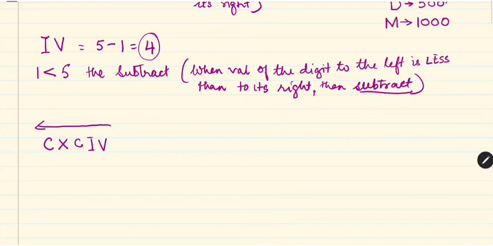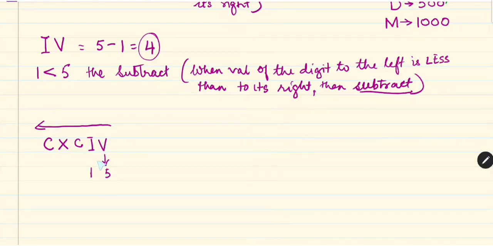Two digits at a time. We have I and V. The extreme rightmost digit is a 5. Let me space this out a little bit. So V has a value of 5, and I has a value of 1.